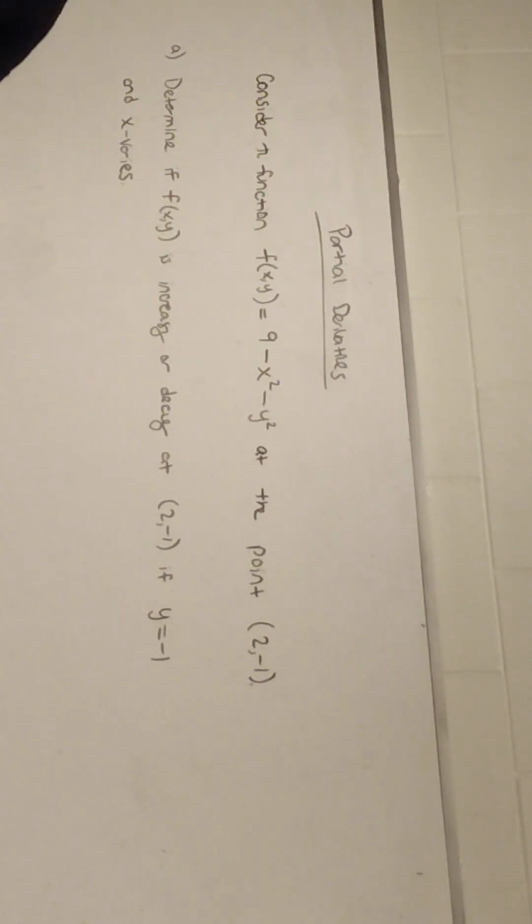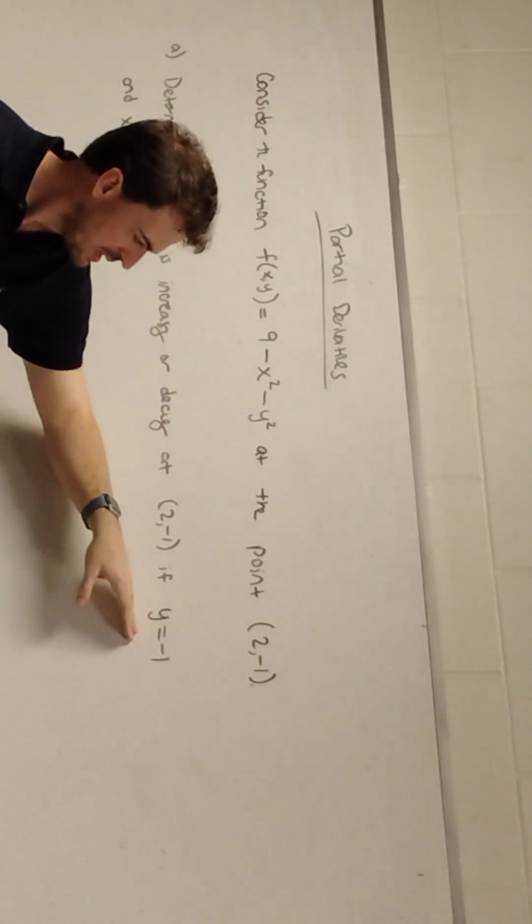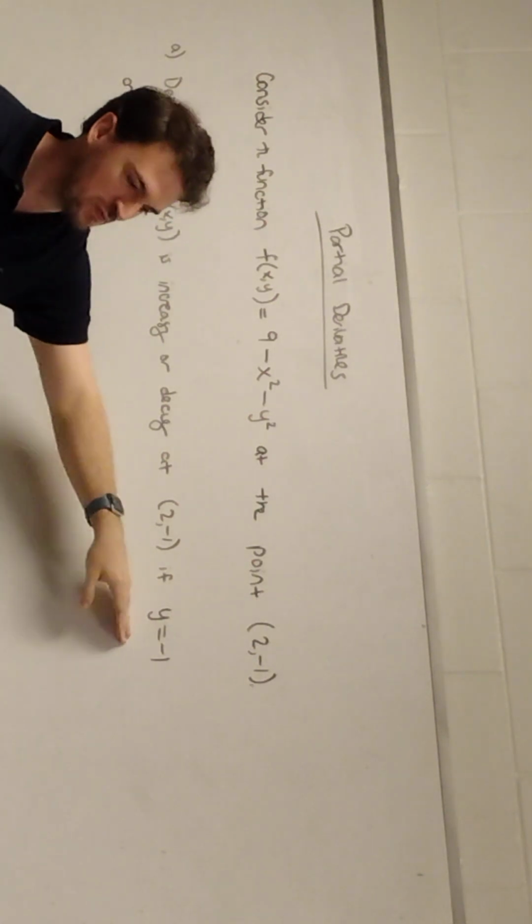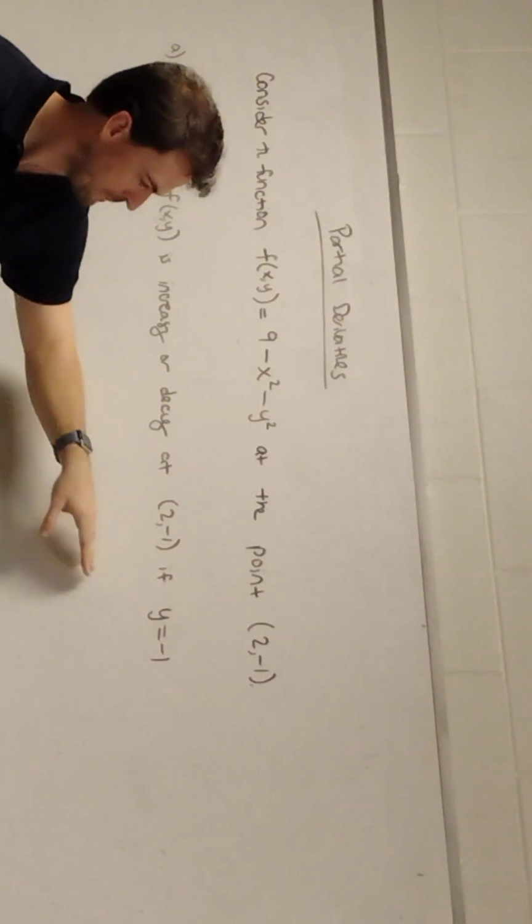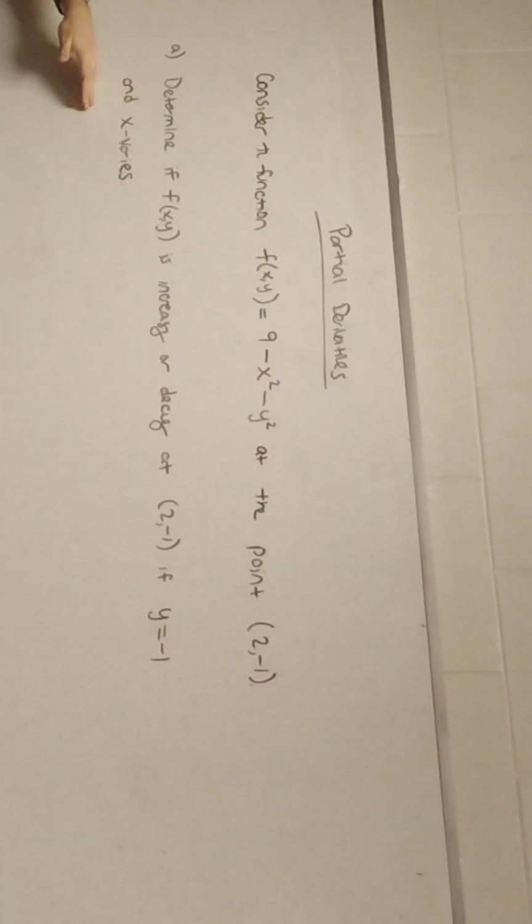If, and now this part's the new part, if y equals -1 and x varies. So the idea is you have to hold one of the variables fixed and let the other variable change.